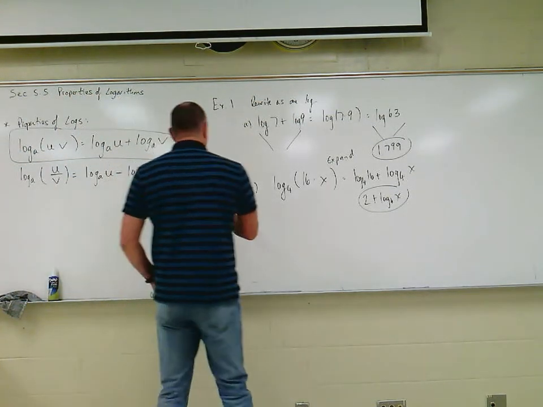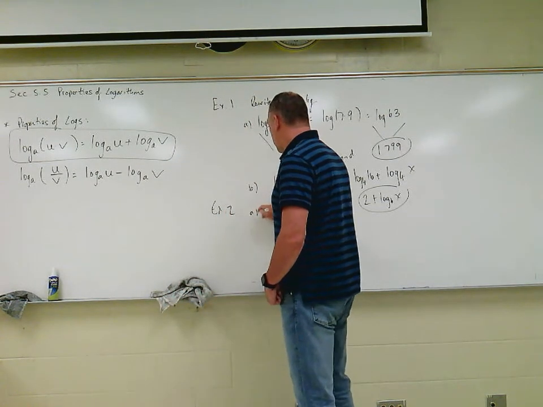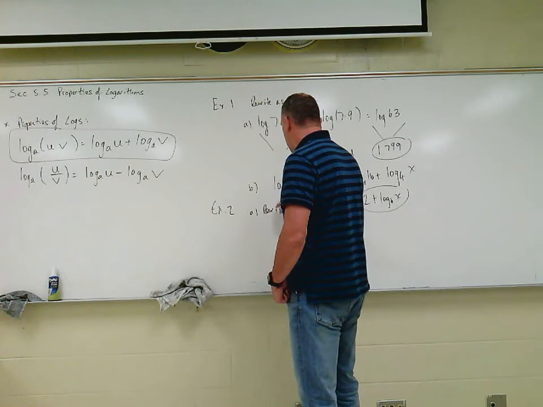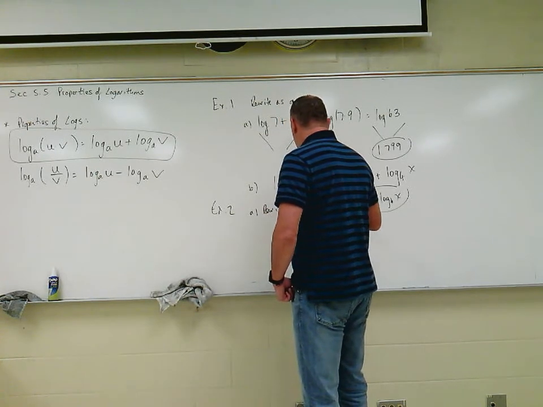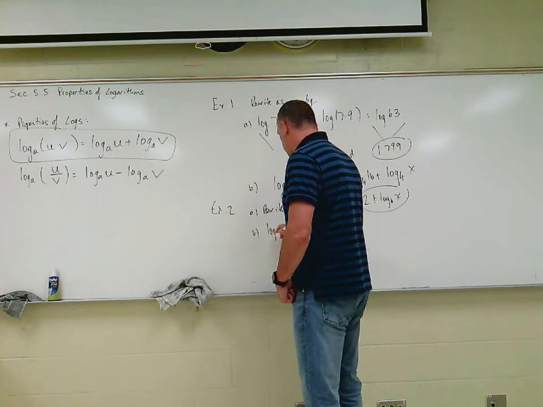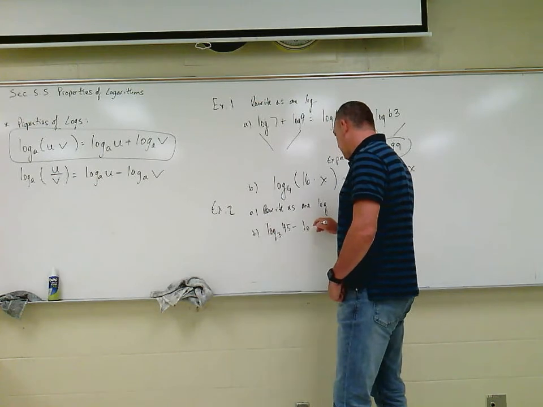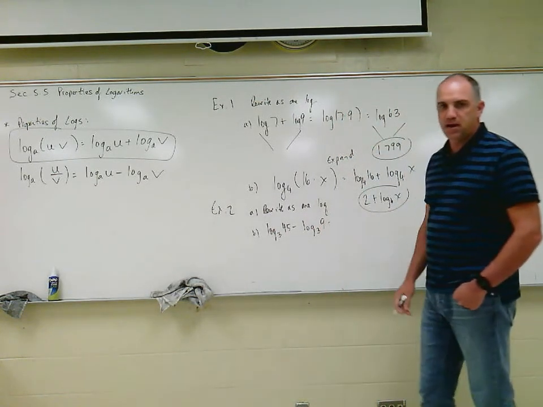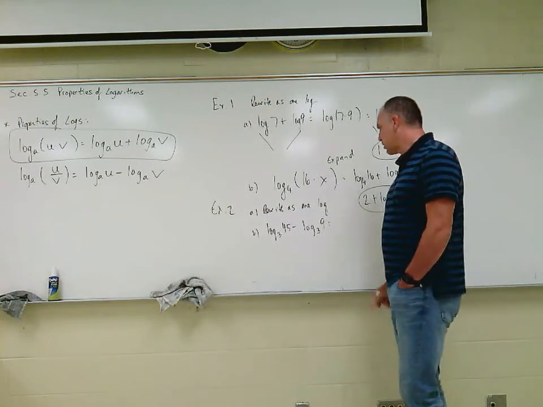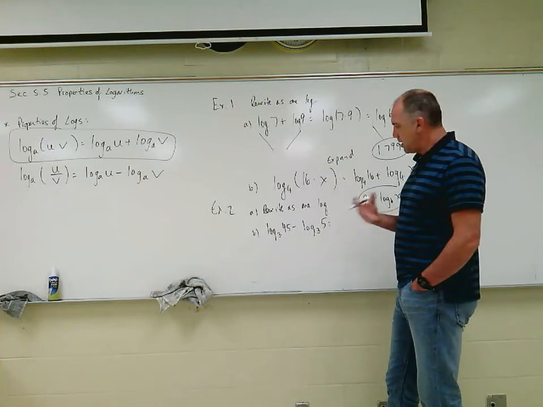So if I were to go to example 2, part A might say rewrite as 1 log, and I might have log base 3 of 45 minus log base 3 of 5. Okay, that might be what we have. So rewrite it as 1 log.